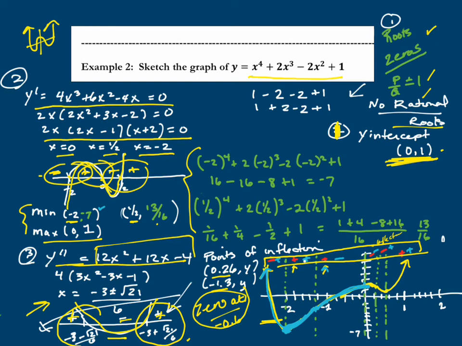So there's our max point, there's our y-intercept 0, 1. It's also a max at 0, 1. And then it goes down to here, and that's just that little hook right there, decreasing concave down. Then it changes to increasing concave up on the next section, and this one was decreasing concave up, and then this one was increasing.